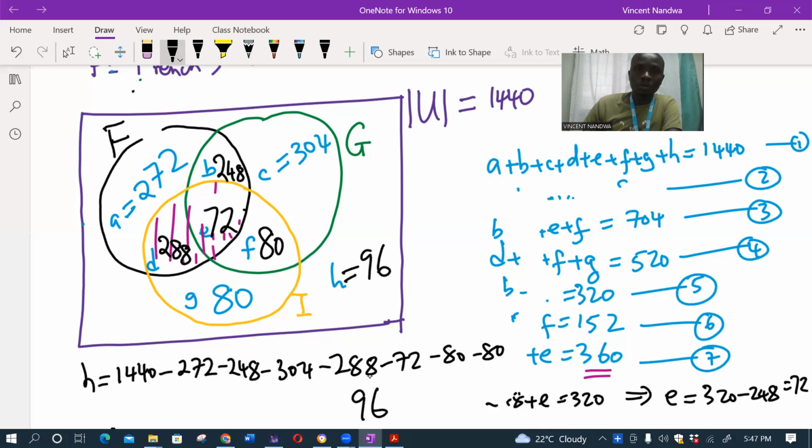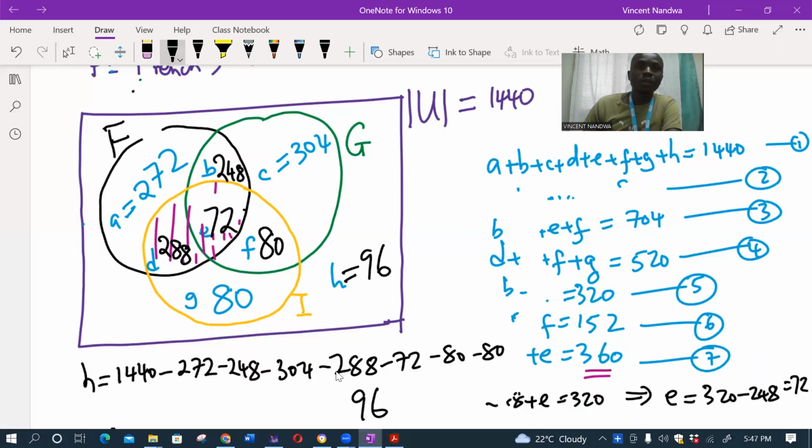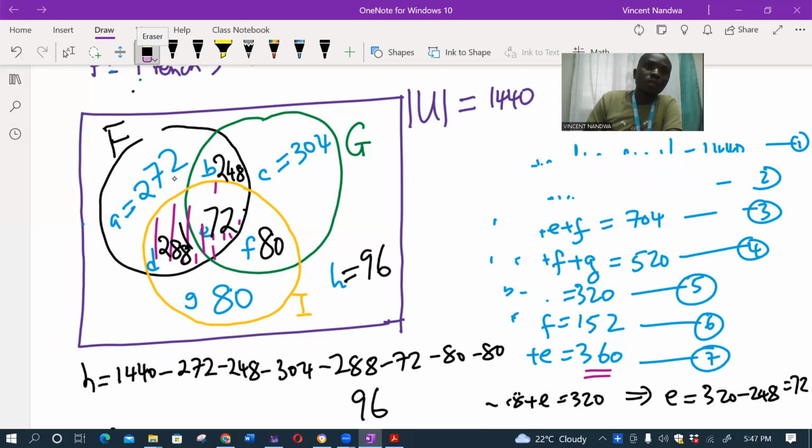Now we can respond to the other questions. Find the number of students who study all the 3 languages. All the 3 languages means you need to be in this E. So the answer to that part is 72. When you are sitting in E, you will be counted as doing all the 3 subjects: French, German, and Indonesian.